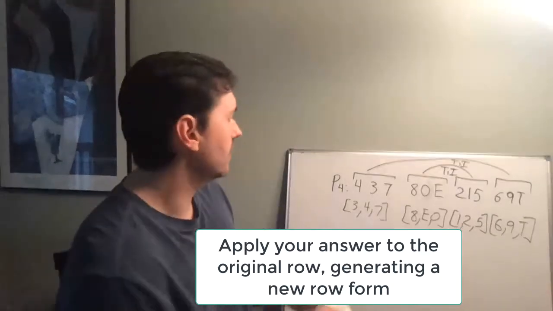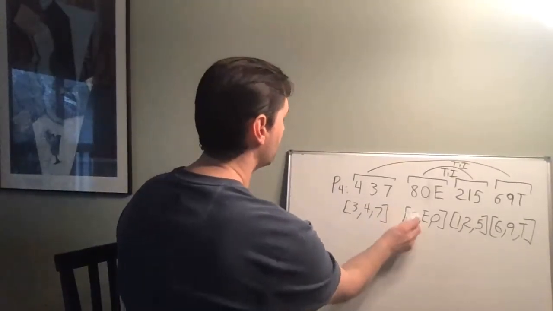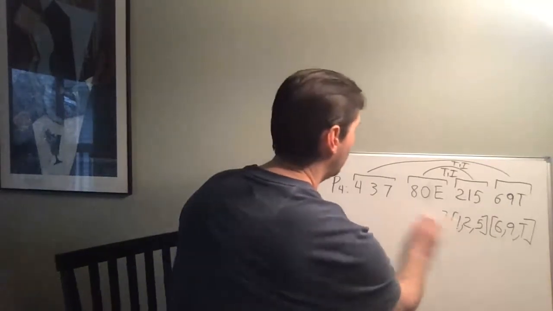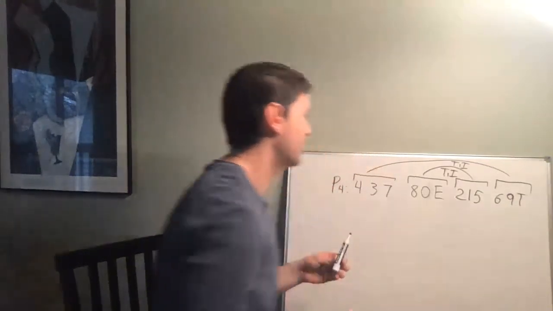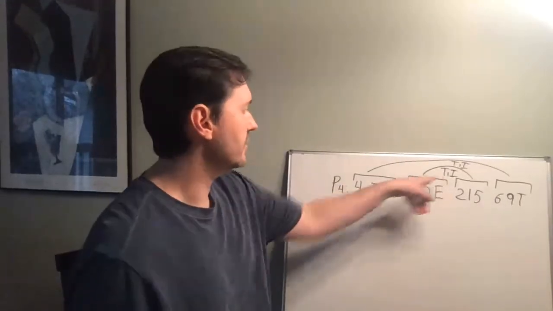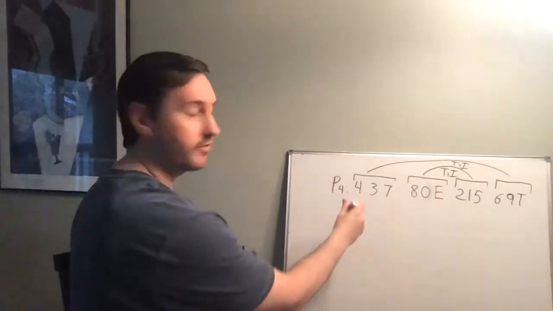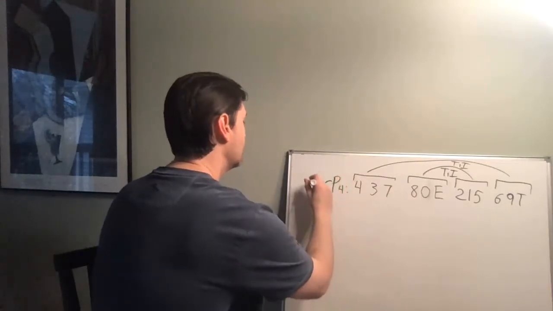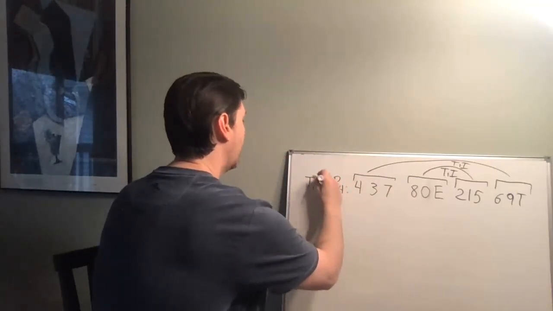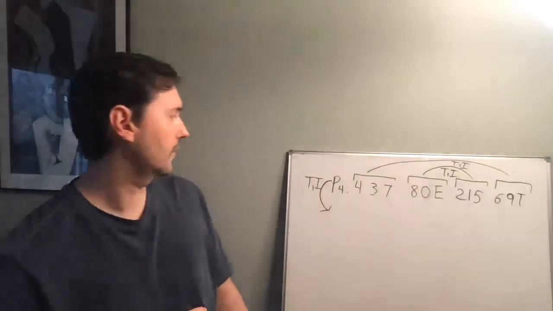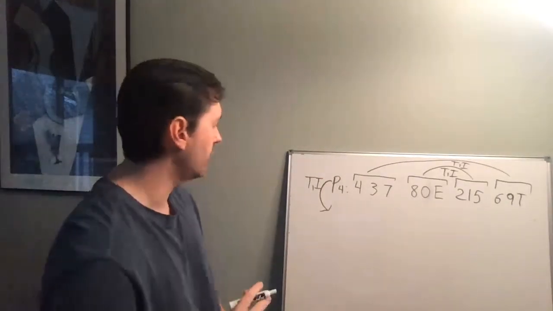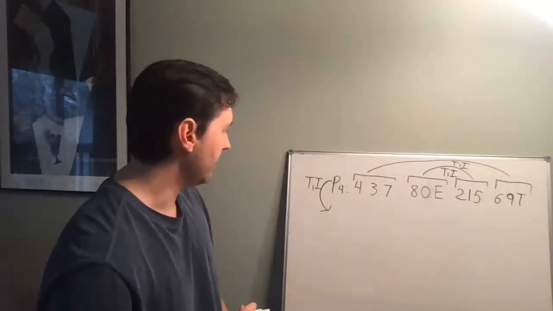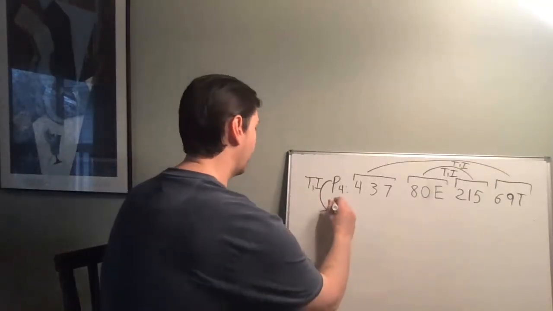Now for this I'm going to erase my normal orders so it doesn't get too cluttered. So what I'm going to do is take P4, my original row, and apply T1I. What does that mean? What row am I going to get? Well, since I have a P row and I'm going to do inversion, that means it's going to be some sort of I row.